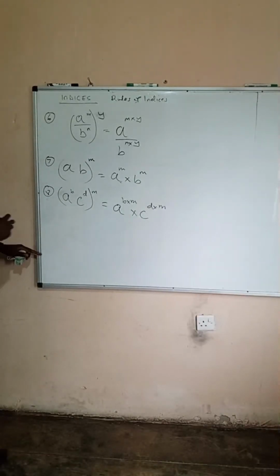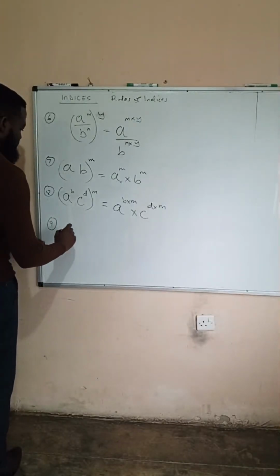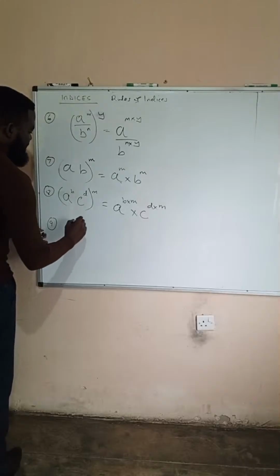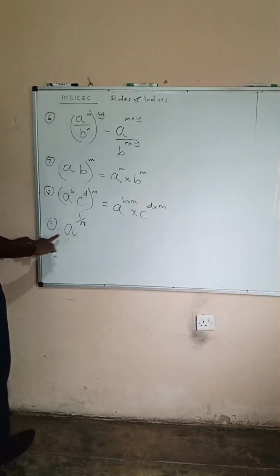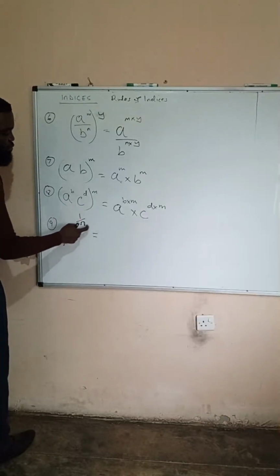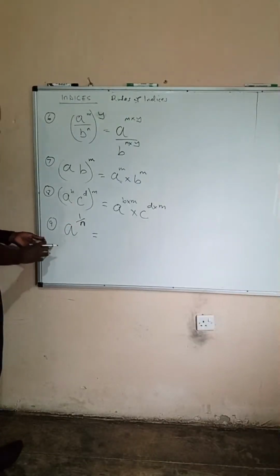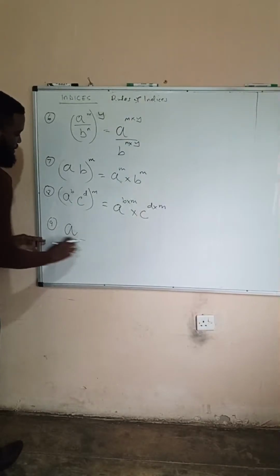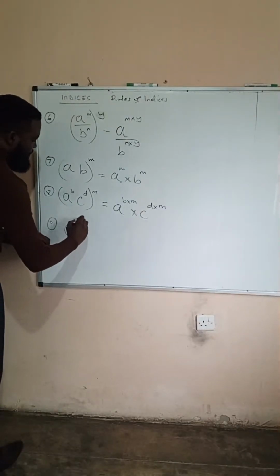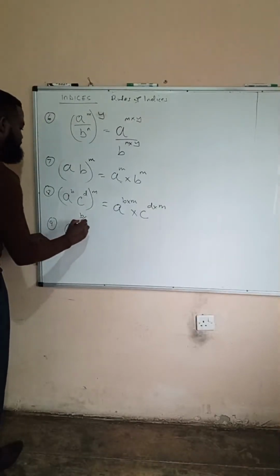Okay? Ninth rule. If a is raised to a fraction, for example, a to the power 1 over n, let me write it like this, a to the power, let's say, b over c, so that I make you understand.